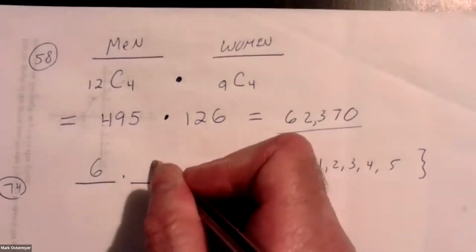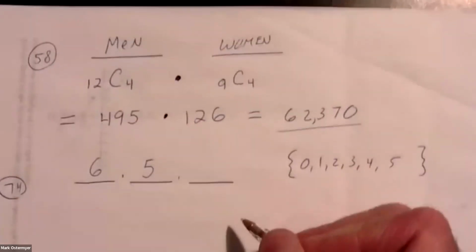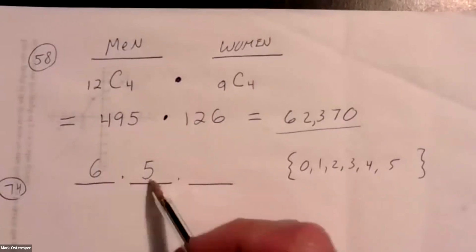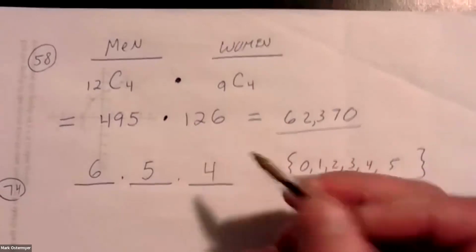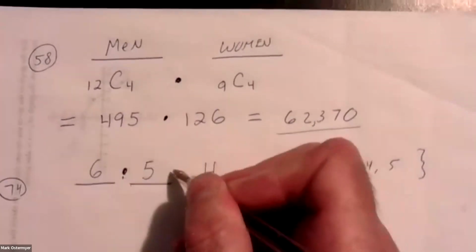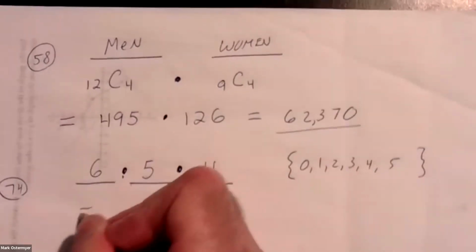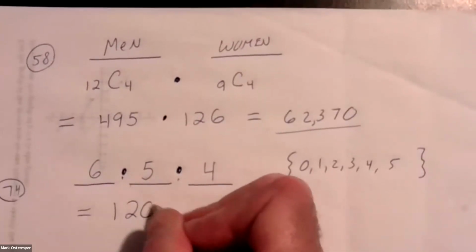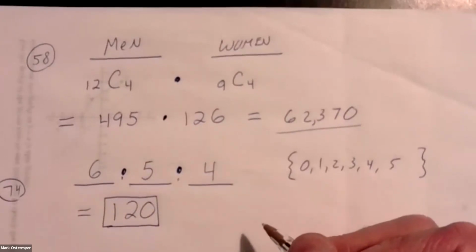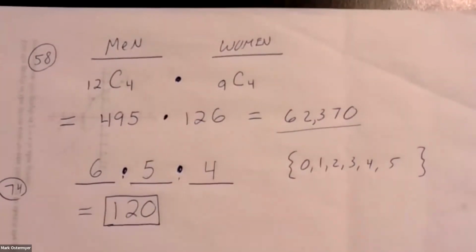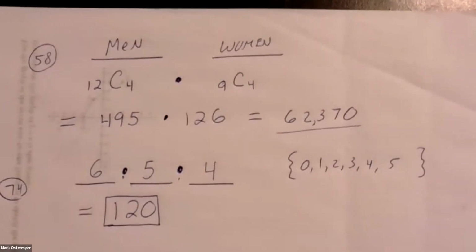Then we only have 5 digits left for the second slot. But now we keep out 2 digits, one for the first and second slot, which means we only have 4 digits left to select for the third slot. What's 6 times 5 times 4? Gives you 120. There's your answer. So there's 120 different ways to form a 3-digit code if we cannot have any repeats. No repeats.